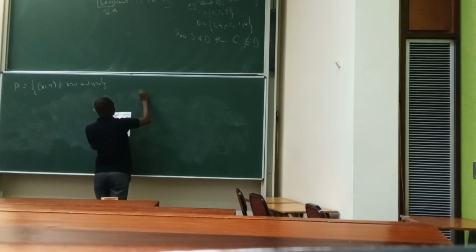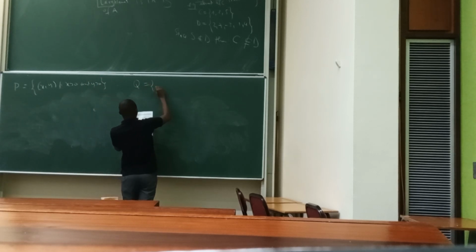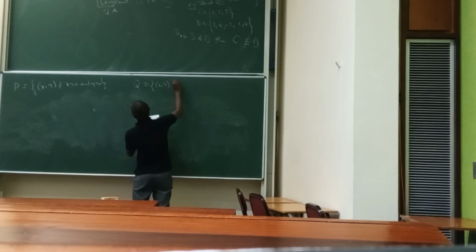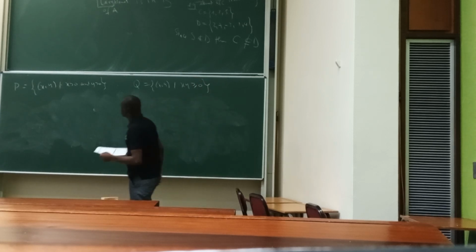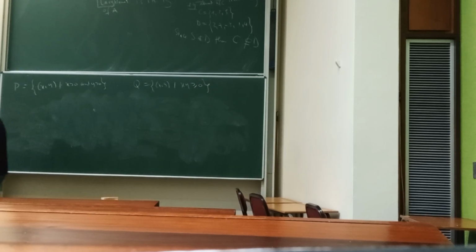And then we have the set Q, which is x, y such that x, y are greater than 0. Okay? If we want to show something, look at those two sets. They are subsets of R squared.